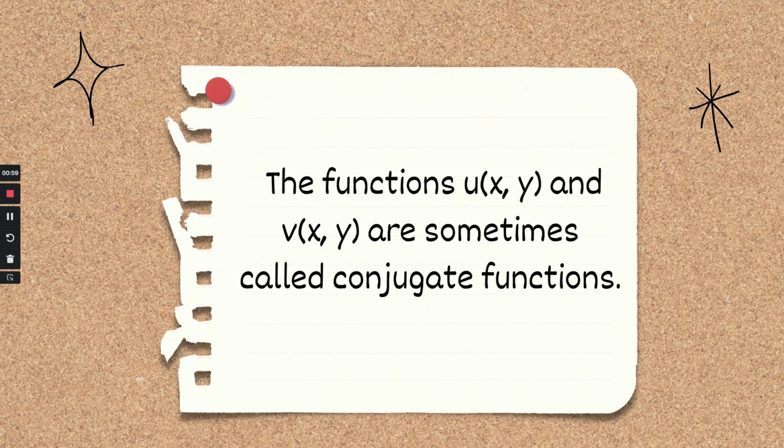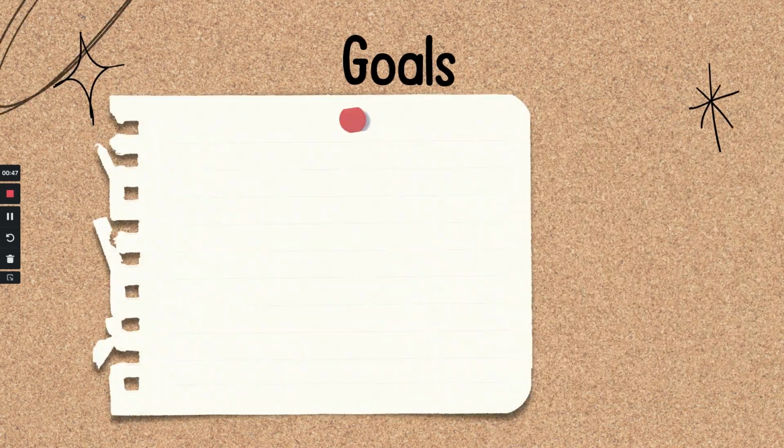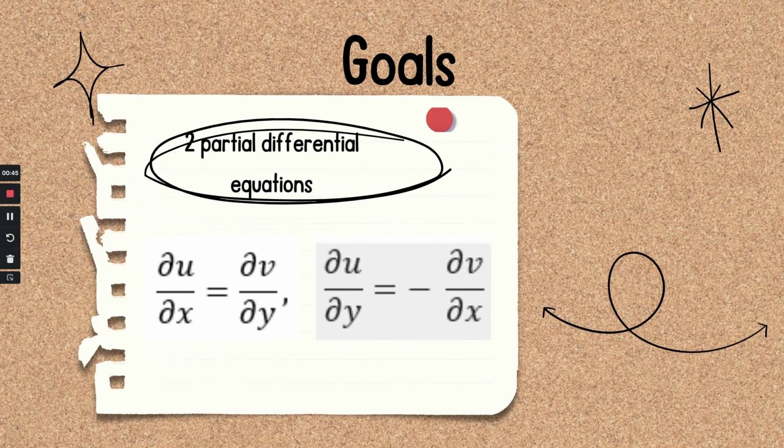So the functions u(x,y) and v(x,y) are sometimes called conjugate functions. This means that they satisfy the Cauchy-Riemann equations. It should fulfill the two partial differential equations.